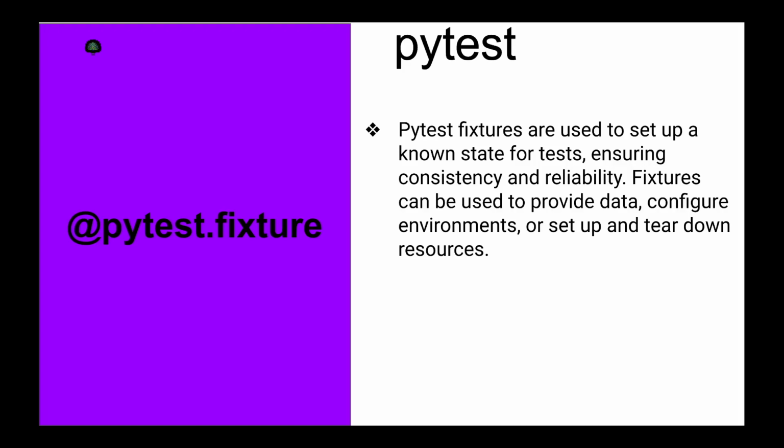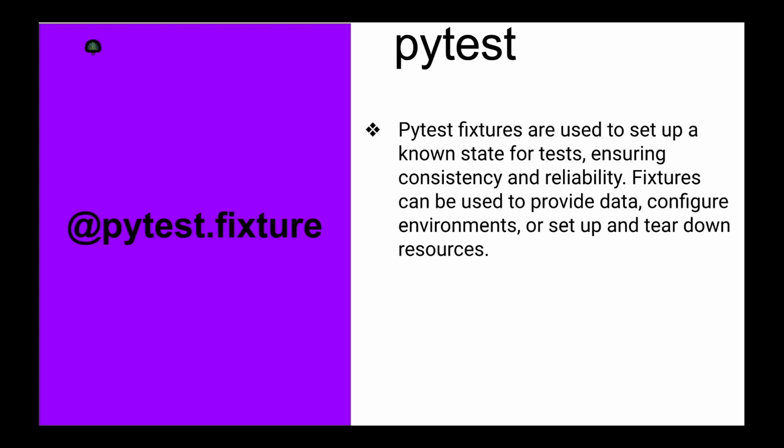Once your connection is established, you run the test case, perform whatever operations, then assert the statement, and once you are done, you tear down, that means you close your database connection. That is the basic fundamental of fixture use, and you can reuse that fixture.